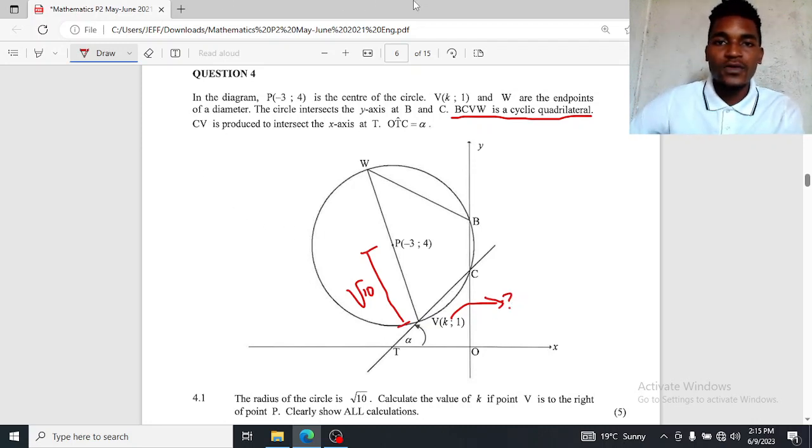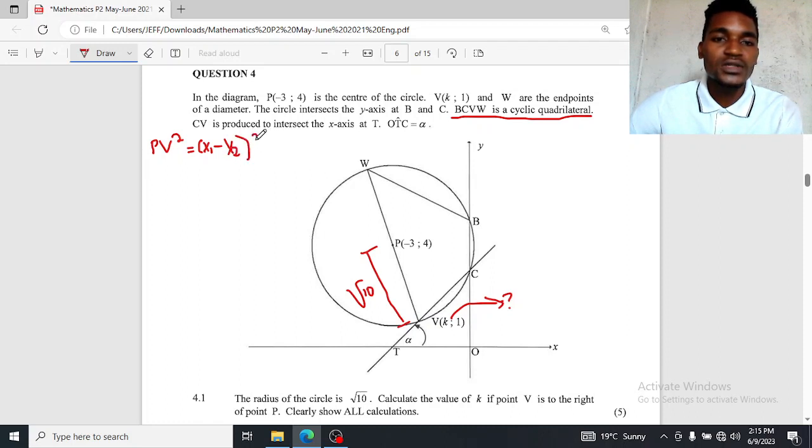To find the value of K, we can use the distance formula between points P and V, which is equal to PV squared. We're going to replace x1 minus x2, squared, plus y1 minus y2, also squared.